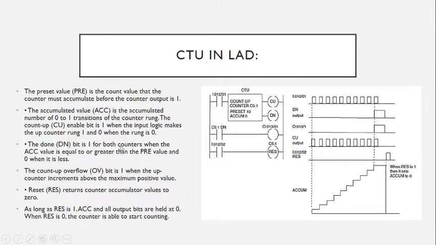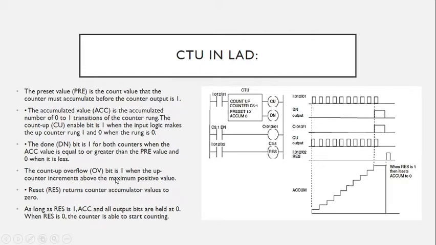It means that for counting up and counting down, the done bit is 1 when the accumulated value is equal to or greater than the preset value, which in this case is 10, and 0 when it is less. So the done pin is 0 all the time before the accumulation reaches the preset value, and once it reaches it, it becomes 1.